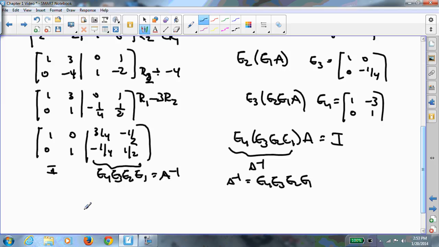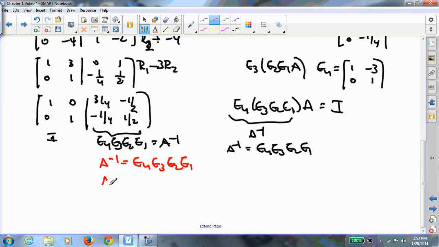Now, that means A inverse can be defined as a set of elementary matrices, but that also means A can be defined as a set of elementary matrices. Because if A inverse equals E4, E3, E2, E1, then A has to equal the inverse of this, E4, E3, E2, E1.